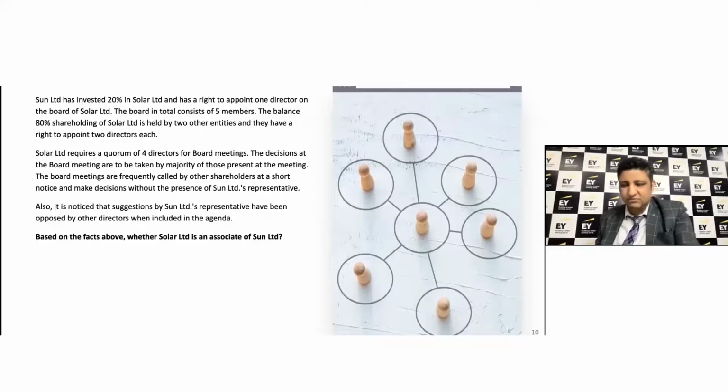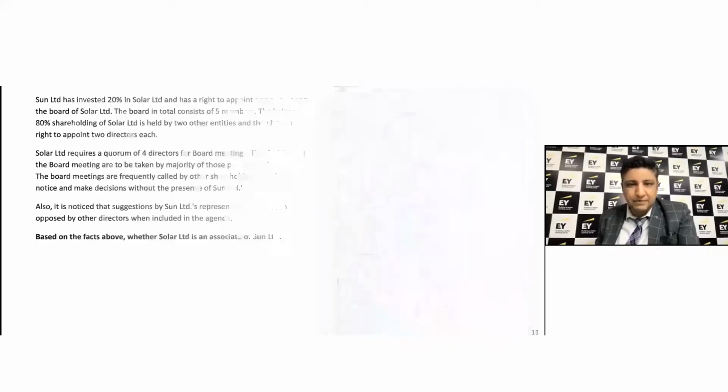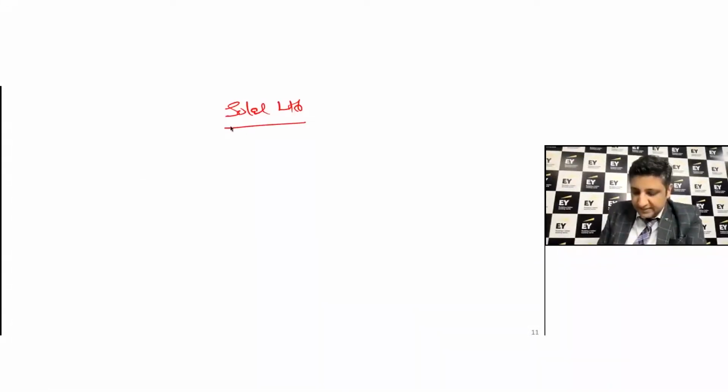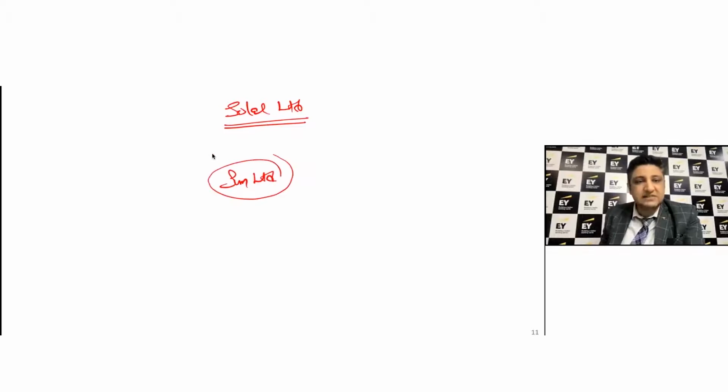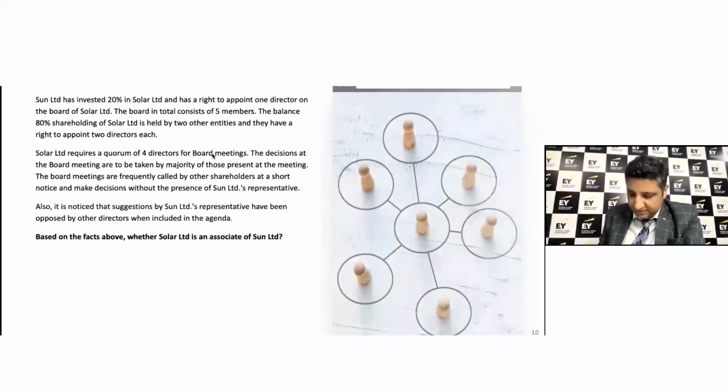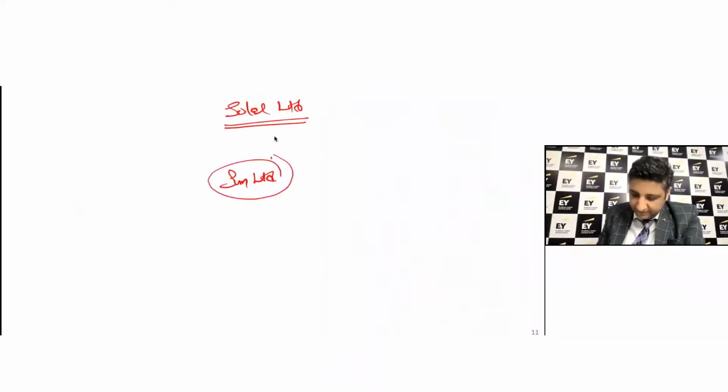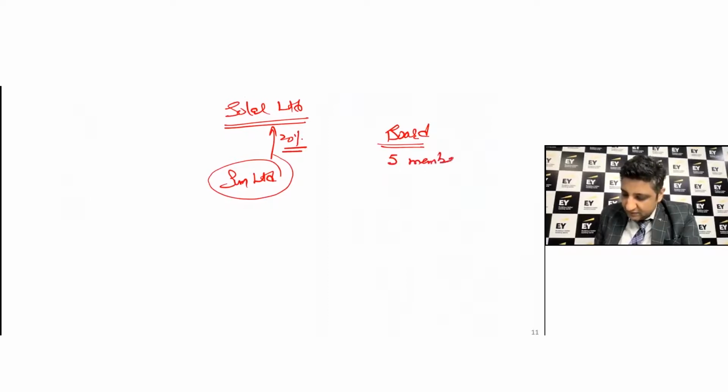Now, in this case, what you want to understand is that there is an entity called Solar Limited, and there's an investor Sun Limited. So there's a 20% investment made by Sun Limited in Solar Limited, right? The board of Solar Limited has 5 members.